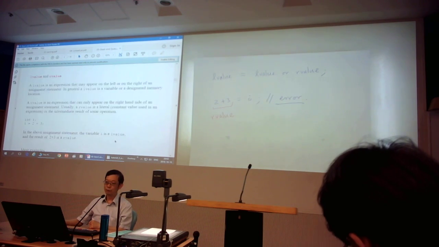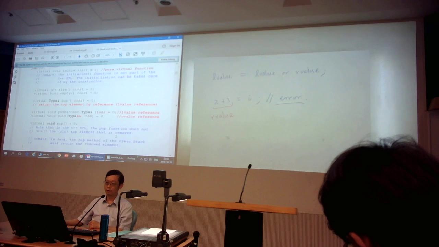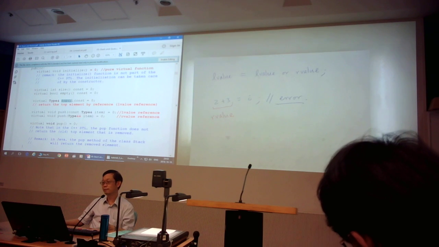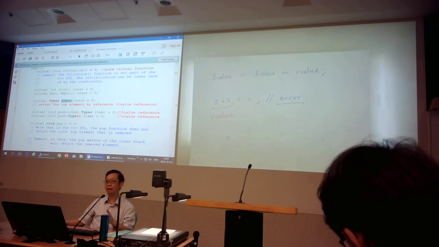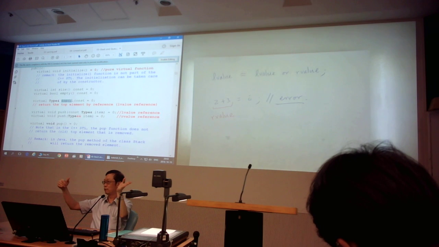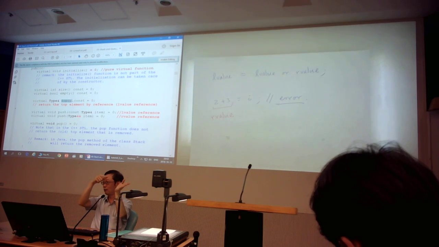Now coming back to the declaration of the function top. When the function top returns the top element by reference, then in the usage of the stack, the programmer can replace the top element by calling the top function and putting it on the left-hand side of an assignment statement.